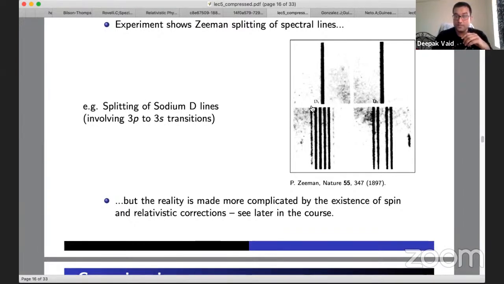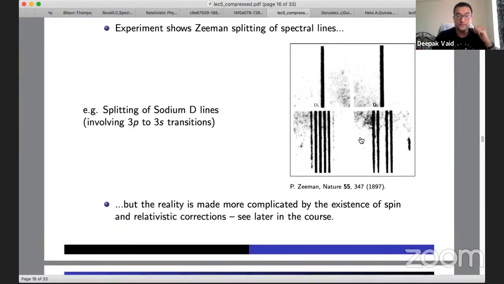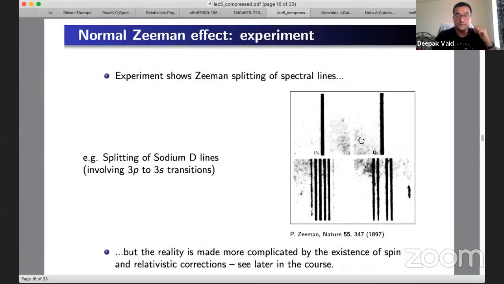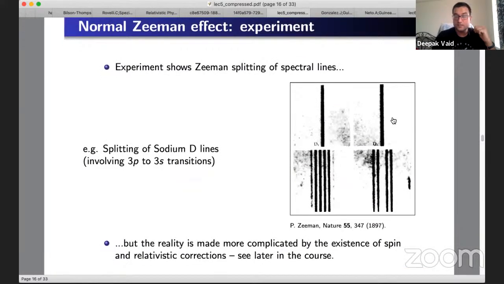For the p state, the eigenvalue can be +1, 0, or -1. So you get one line in the middle and then two lines over here, but then there is a further splitting of those two lines. So you have to talk about other effects also than what we have considered.